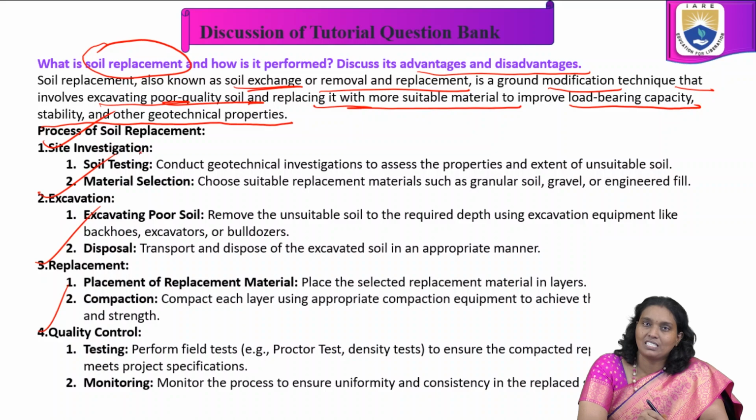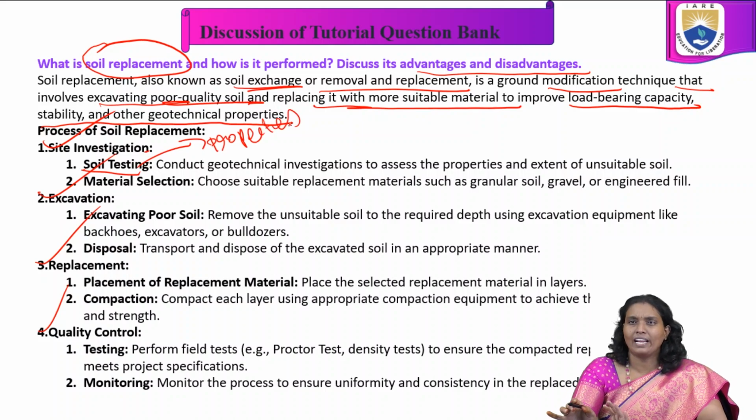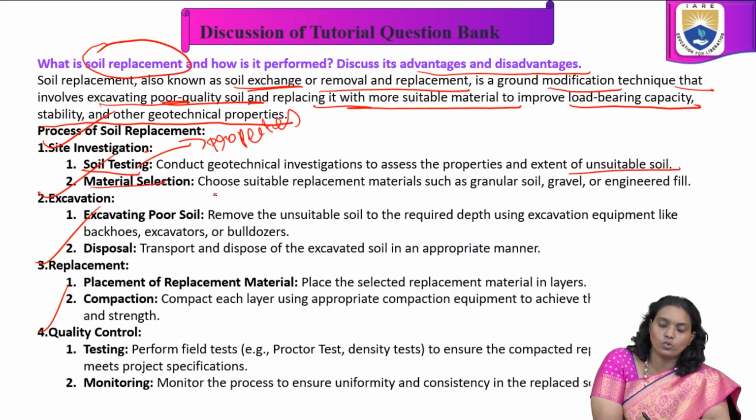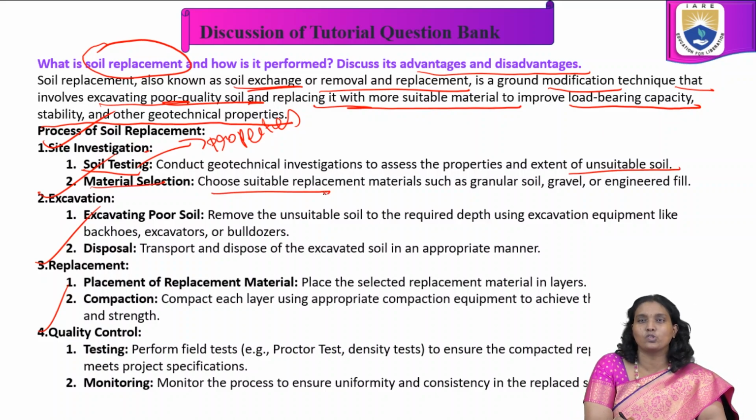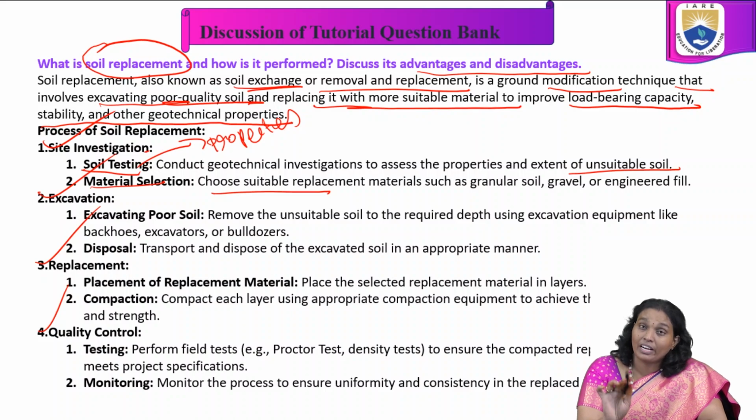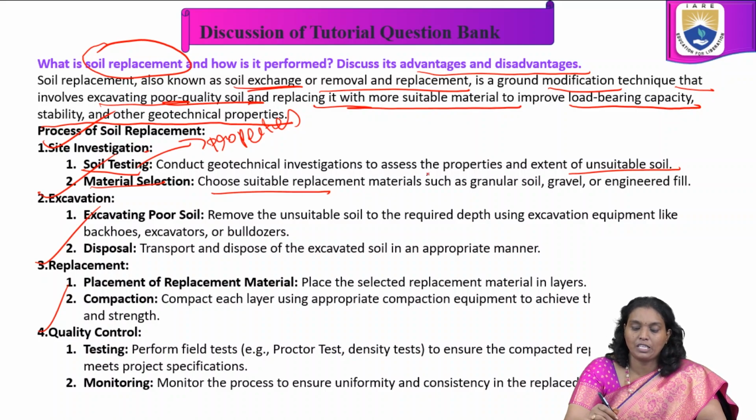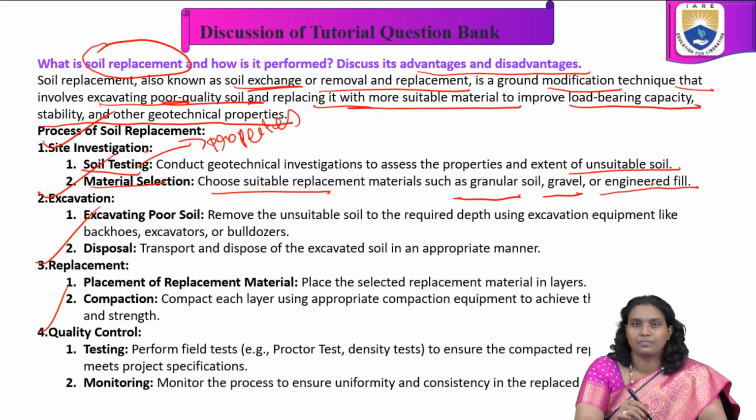So in soil investigation, we conduct soil tests to understand the properties of the soil and to assess the extent of unsuitable soil. And in material selection, we choose the replacement material based on the desired properties of the construction work or project. So choose suitable replacement material such as granular soil or engineered fill.